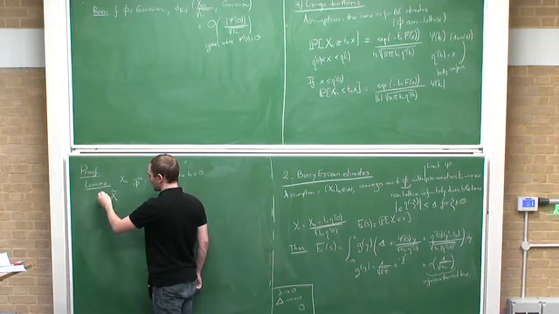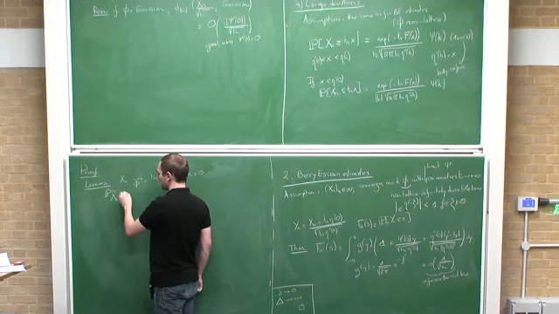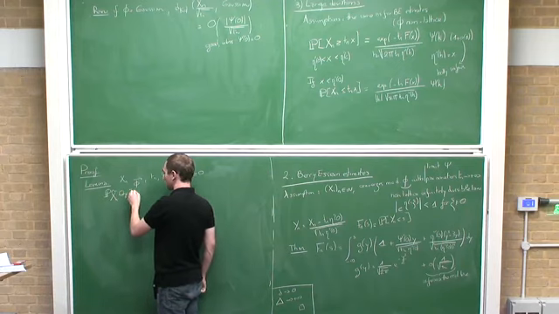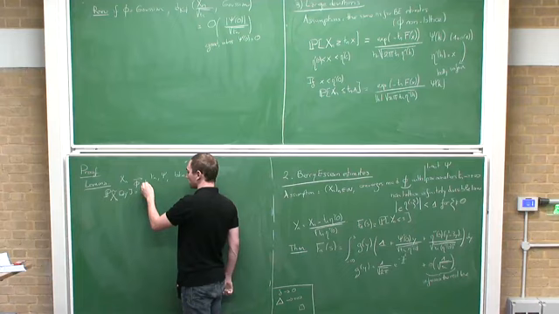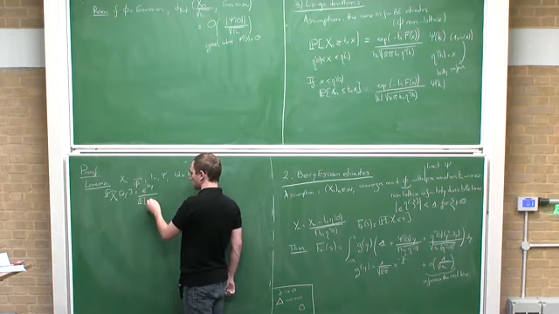The probability of xn tilde is given by exponential h times y, and I will have to divide by the expectation of exponential h xn.